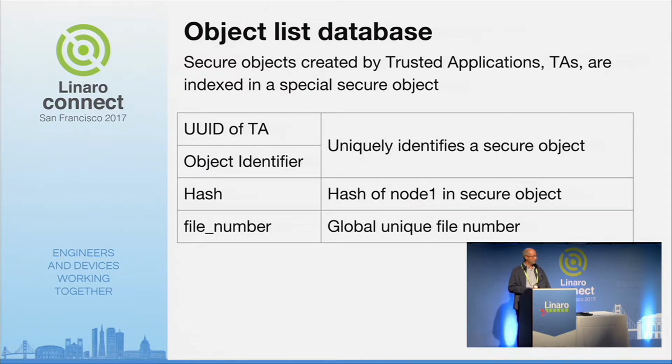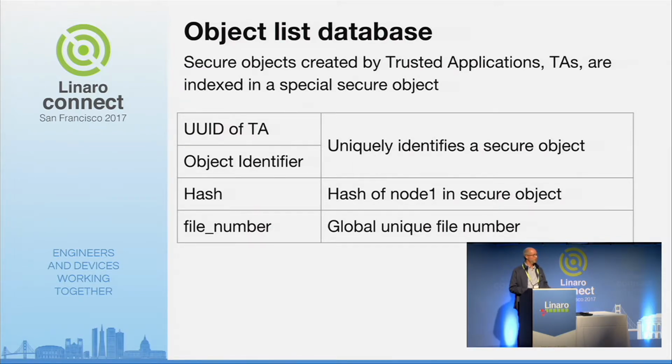And then in addition to that, we have to keep track of all the objects we have, because these objects are just stored as a binary file in the normal world file system. Let's say that someone removes it or does whatever with it, it can be hard for us to see it in the secure world.